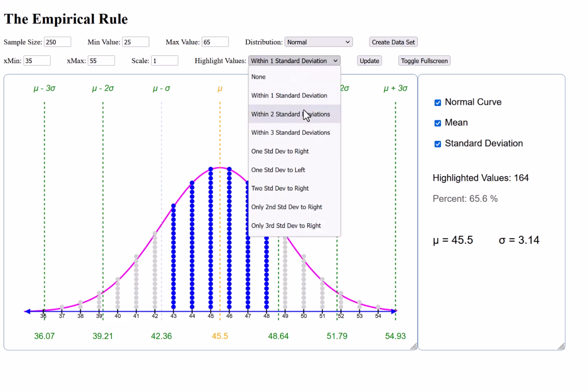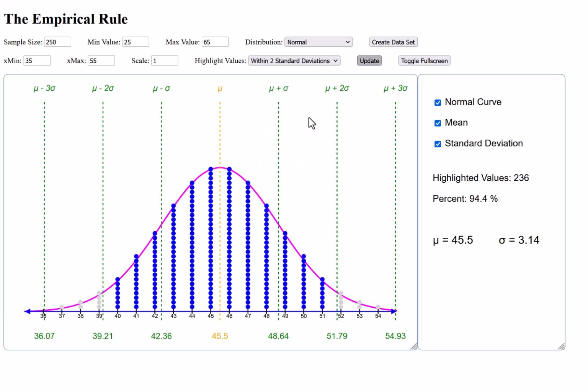And then it says within 2 standard deviations, you're going to find about 95% of the data. And it's gone through and calculated the number of values within 2 standard deviations here. There are 236 of these dots out of the 250, which works out to a percentage of 94.4%. And then if we go to 3 standard deviations, it's supposed to be about 99.7%. In this case, the way the data is created, it works out to 100% of the data. But in general, 99.7 is what you would count on there.